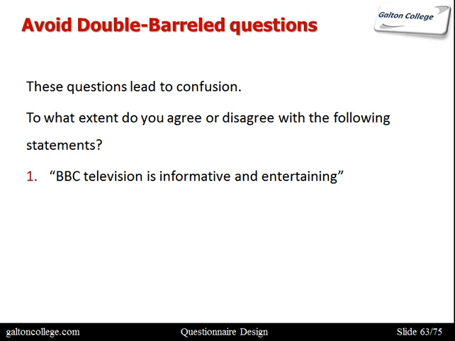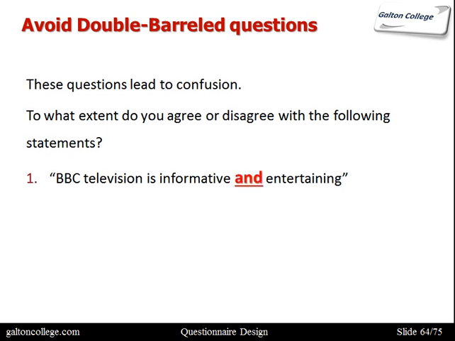Because it's double-barreled, it's asking two questions. Question 1, is the BBC informative? Question 2, is BBC television entertaining? Having both of them in one question makes it difficult to answer. And it's all caused by the word and.